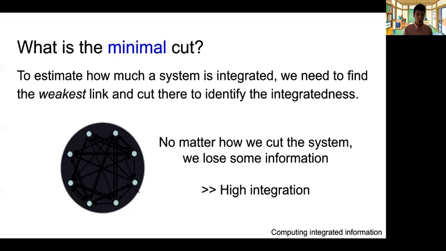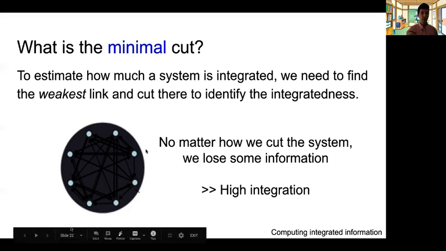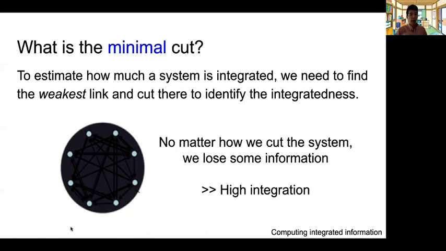For example, in the example we used last week, this complicated system has strong and weak connections, and many of them are bidirectional or unidirectional.